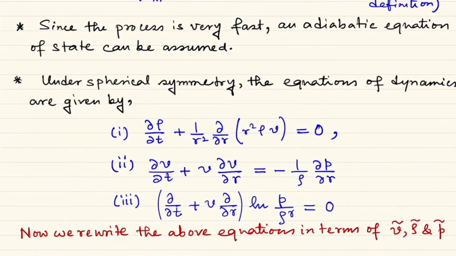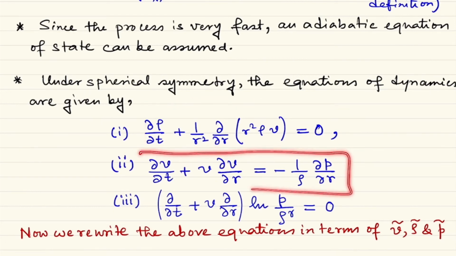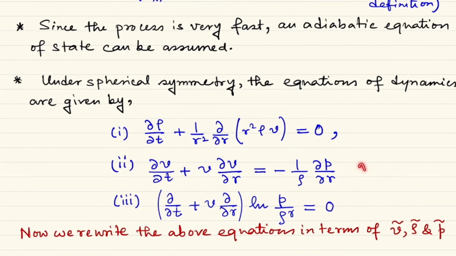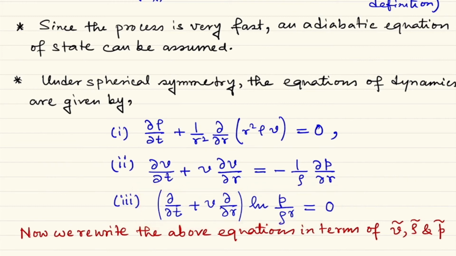So spherical symmetry is there, an adiabatic equation of state will be there, and we have this continuity equation. This is the Navier-Stokes equation. Of course, forcing and viscosity are neglected once again for simplicity. And this is the fancy way of writing that p rho to the power minus gamma is equal to constant.